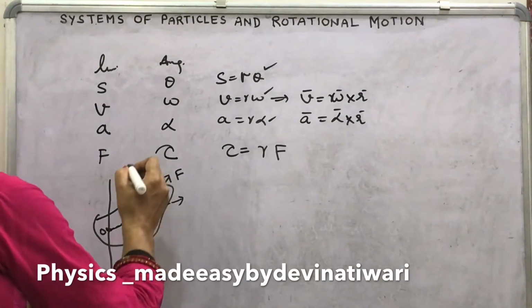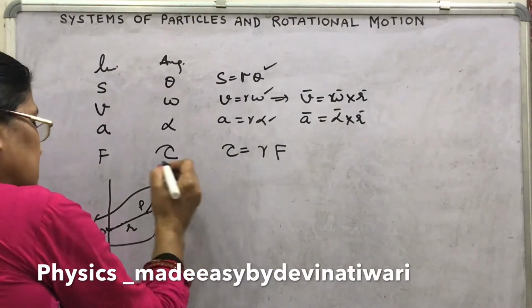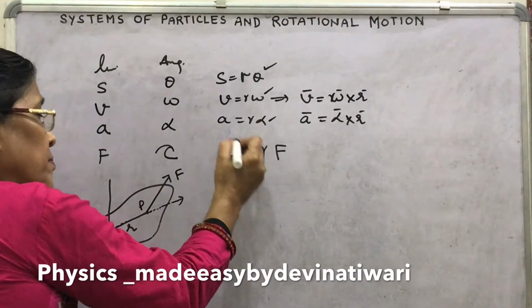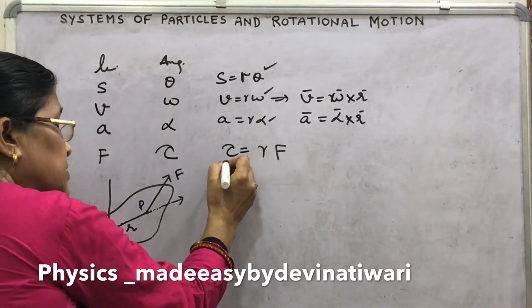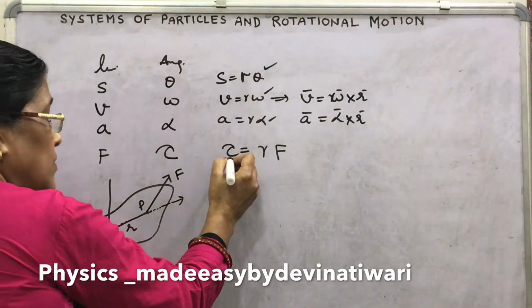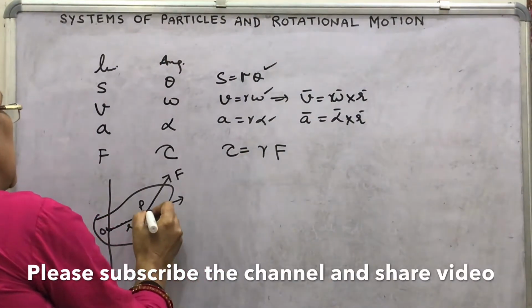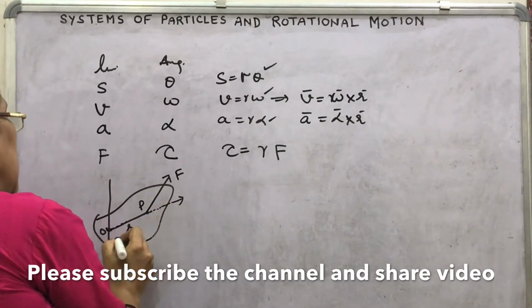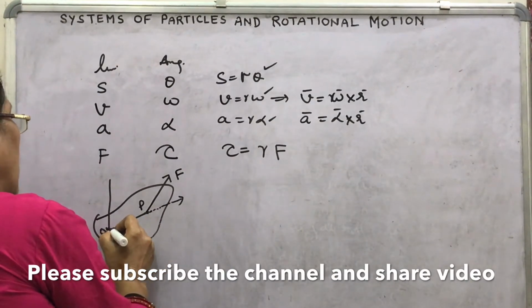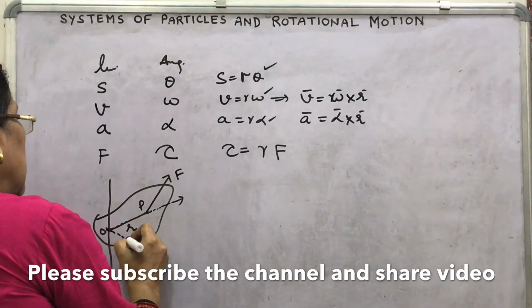Then torque is the product of this rotational tendency of force, or torque is the product of the perpendicular distance from the axis on the line of action.